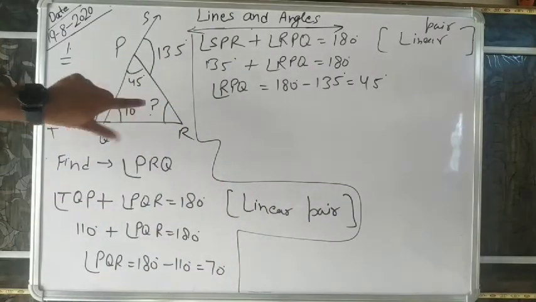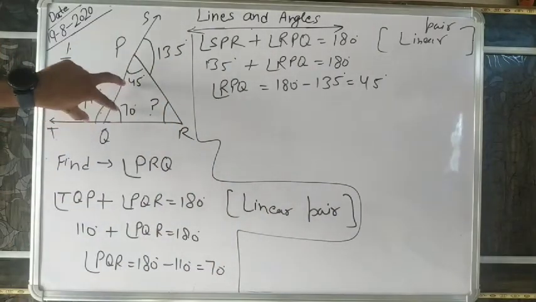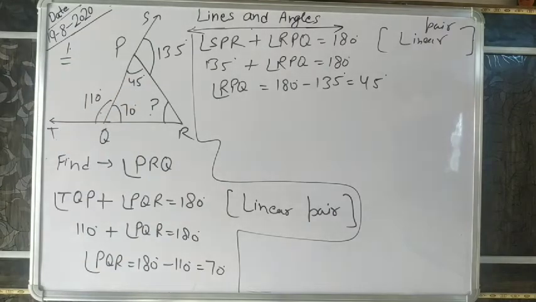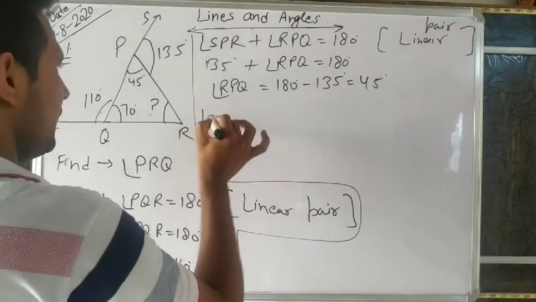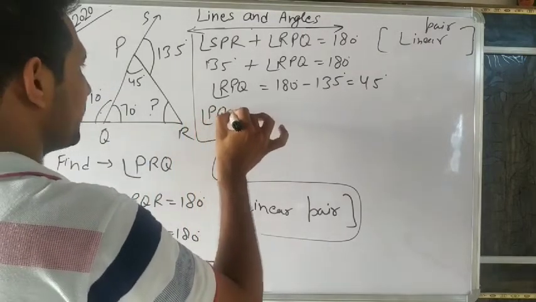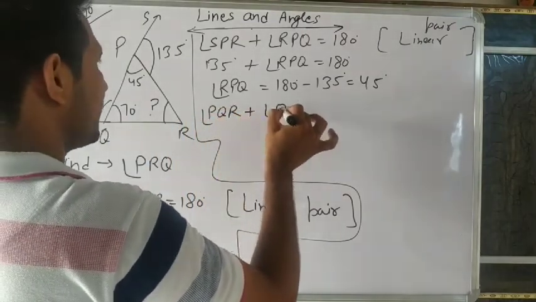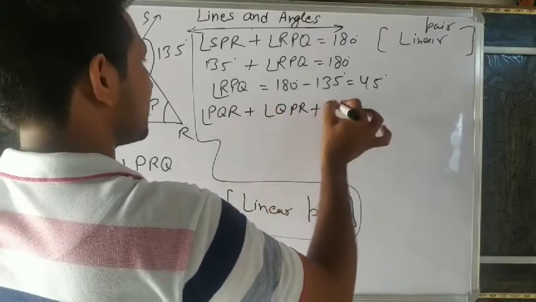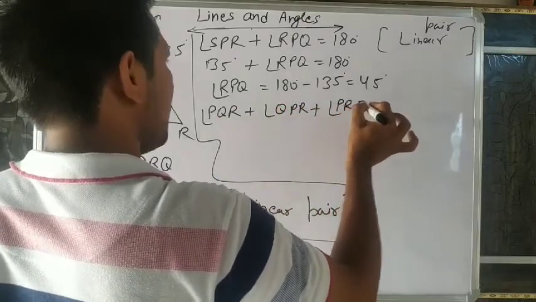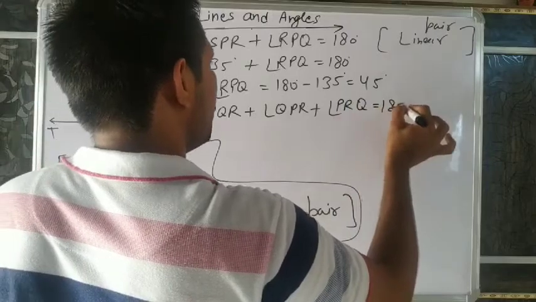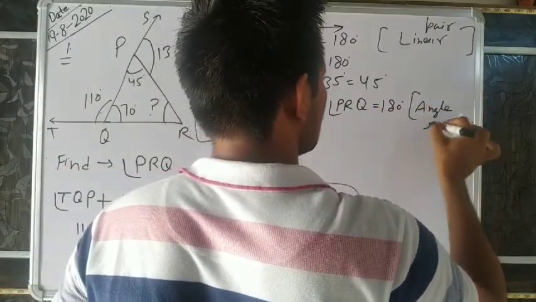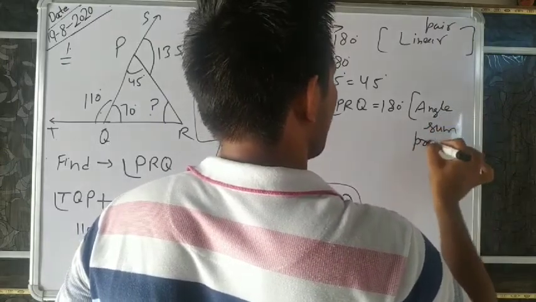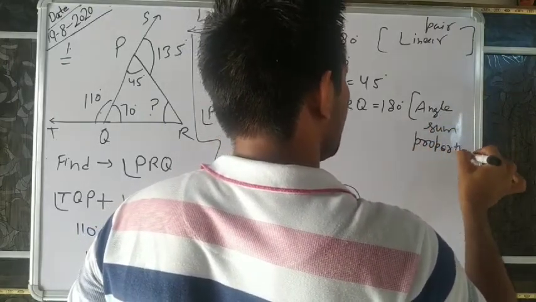And in a triangle, if you know two interior angles, can you find the third angle easily? Yes, by the angle sum property. So you can write angle PQR plus angle QPR plus angle PRQ equals 180 degrees. Write the reason: angle sum property.